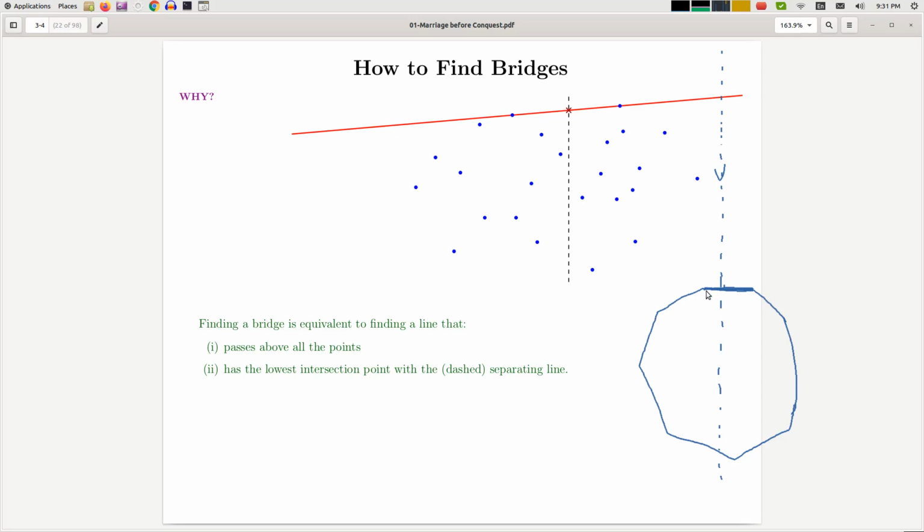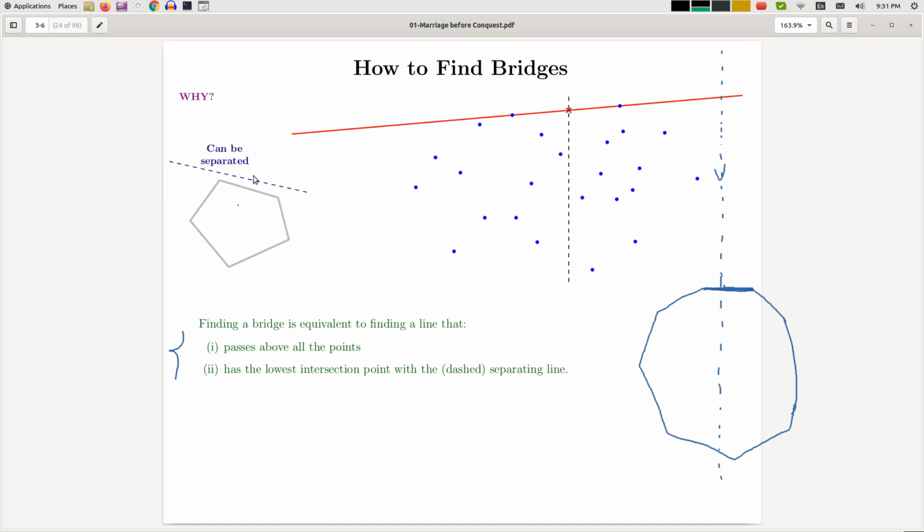Now the claim is that this edge has these two properties. One way to see this is that points that are inside the convex hull cannot be separated from the remaining points with a line. If you have a convex hull like this, any line that passes through this point will have some of the points to one side and the other points to the other side.